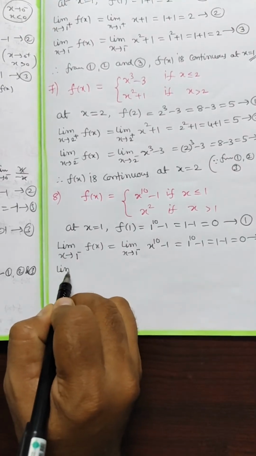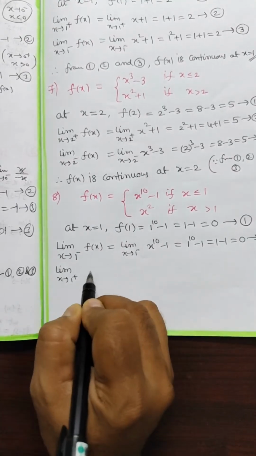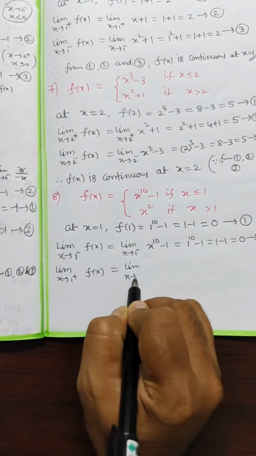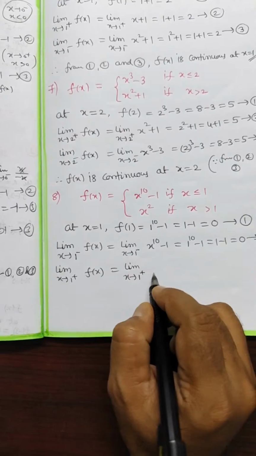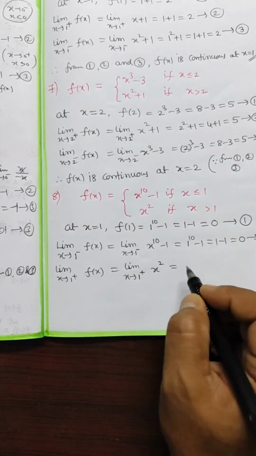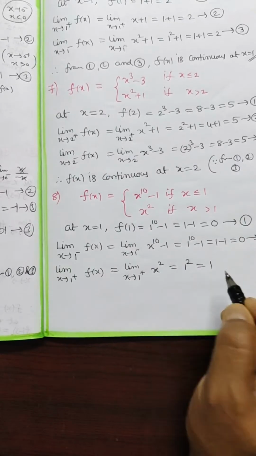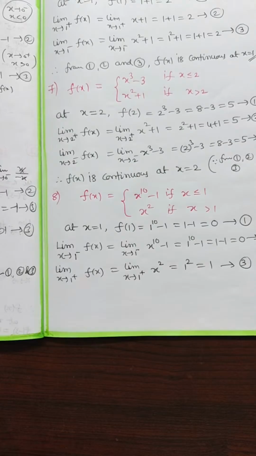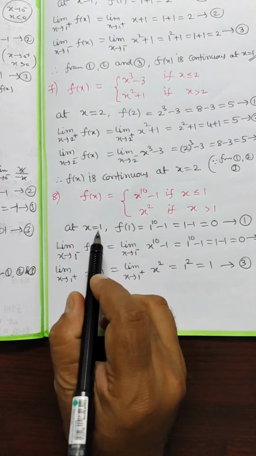Similarly, limit x tends to 1 plus f of x, x is greater than 1. The function is x square, x is equal to 1 square. Equation number 3.